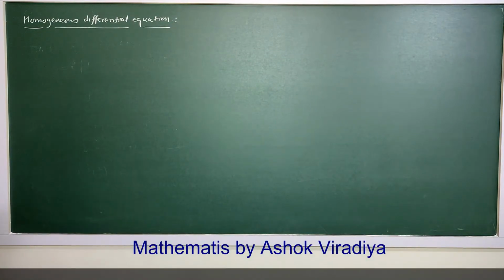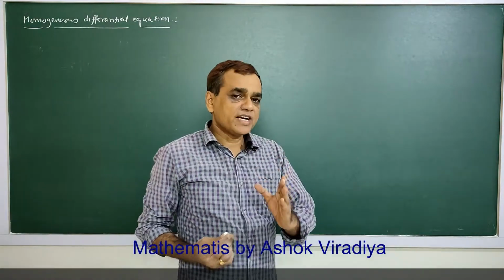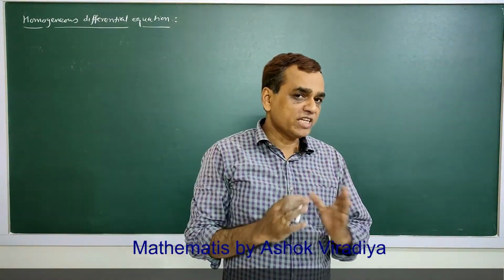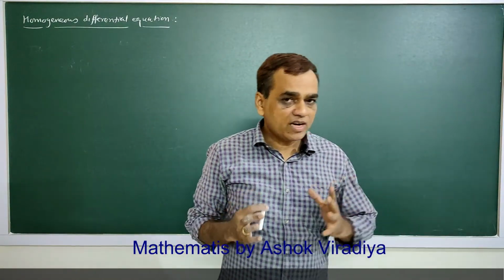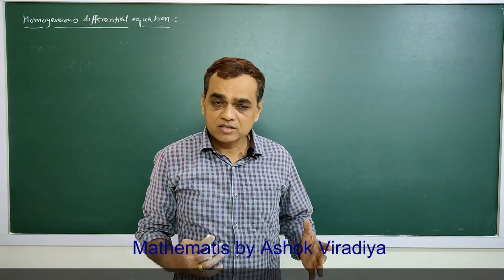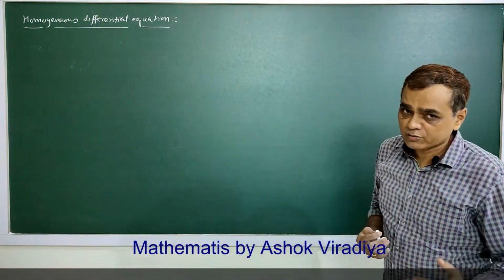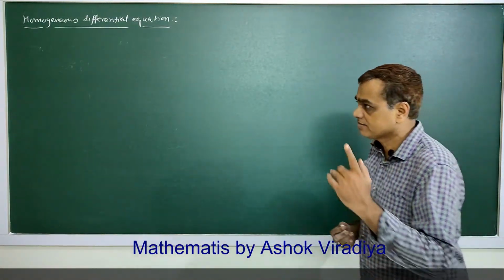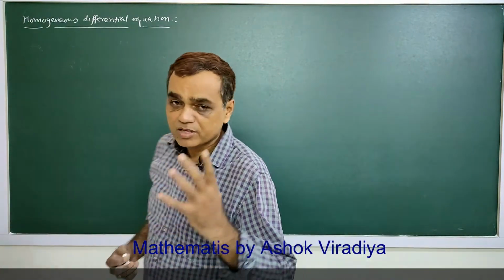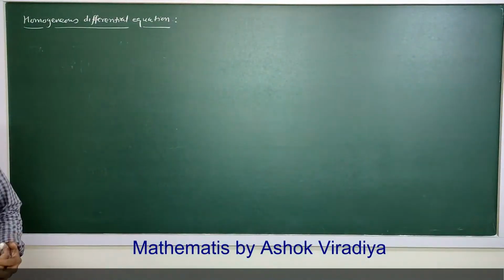Say we are talking about a differential equation of first order and first degree. In this whole chapter in 12th class mathematics, in our syllabus, we have methods to find the solution of differential equations of first order and first degree. Now we are coming to a special equation which is said to be a homogeneous differential equation.